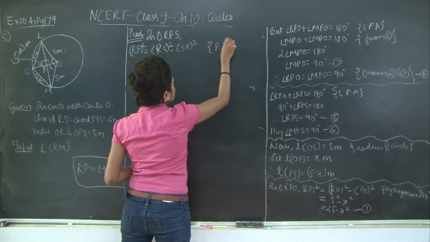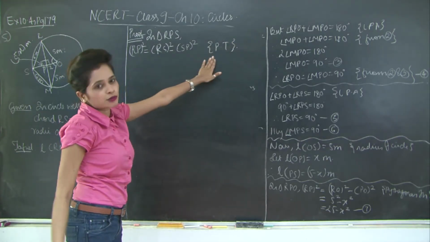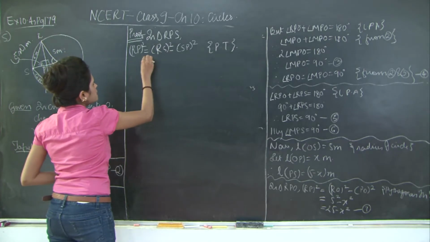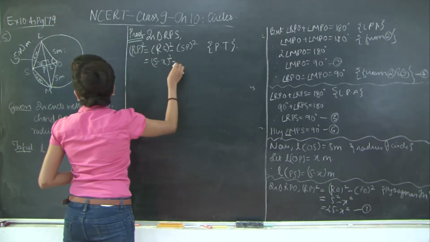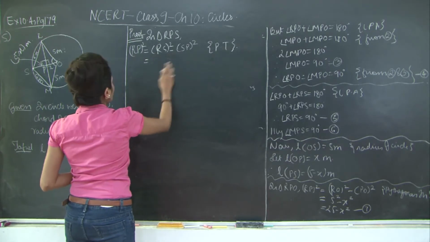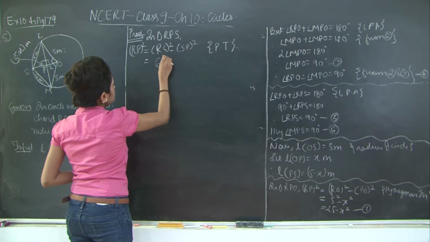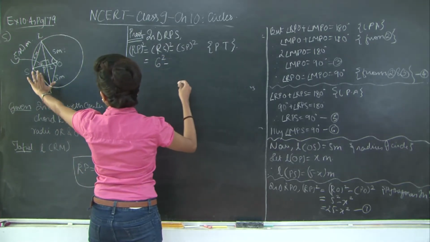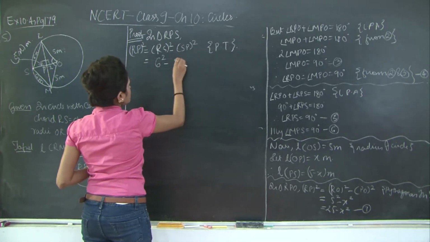Again through Pythagoras theorem, so I am just saying PT for now. There I have written Pythagoras theorem, so I am just writing PT. So now this is going to be, RS square is 6, so 6 square minus SP, which is 5 minus x the whole square.